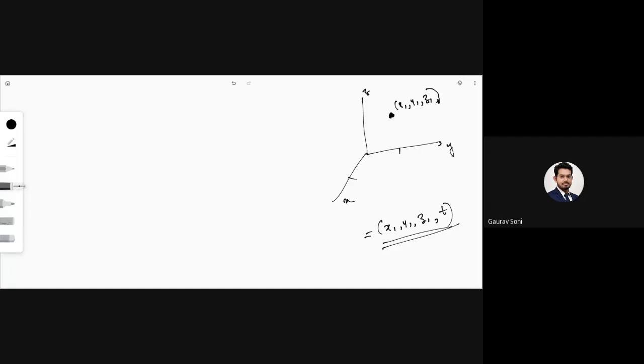Fine. So we'll look at the definition of linear independence and dependence. Before we go for that, I'll write down linear combination.